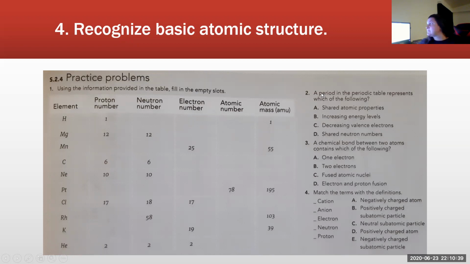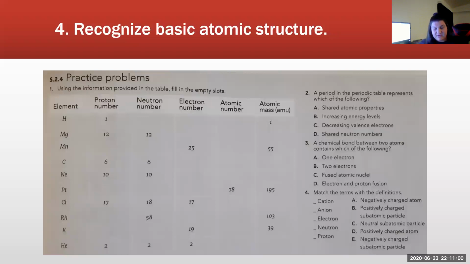Which period in the periodic table represents which of the following? Shared atomic properties, increasing energy levels, decreasing valence electrons, or shared neutron numbers. Option B is correct. Periods show increasing energy levels.